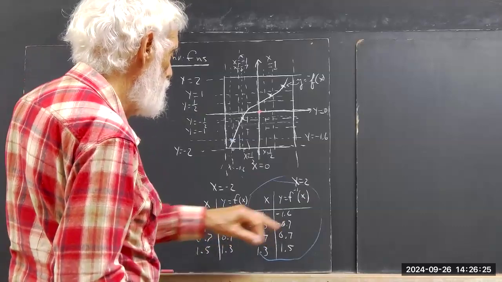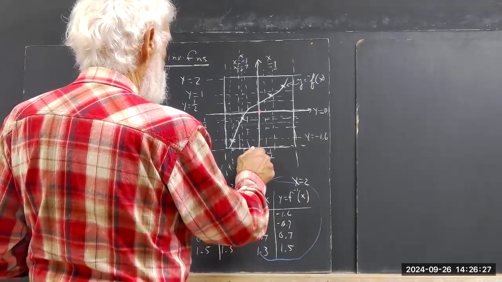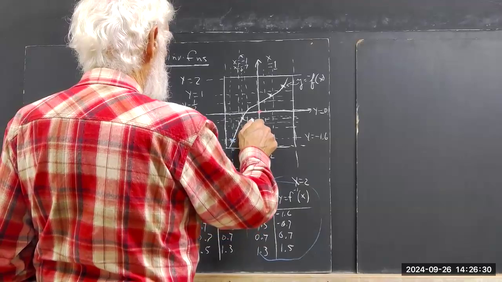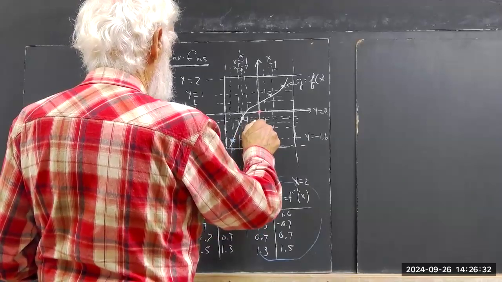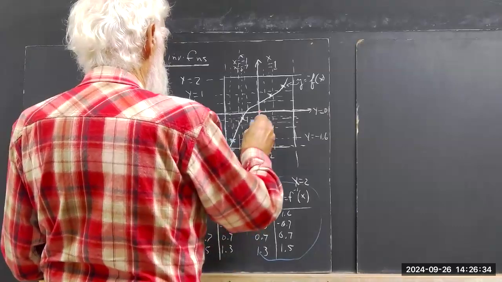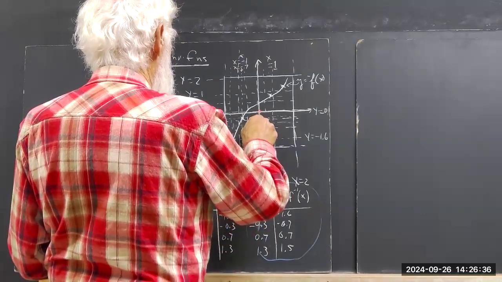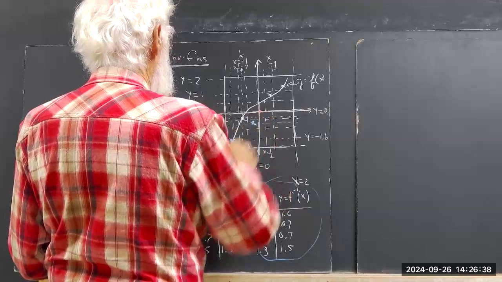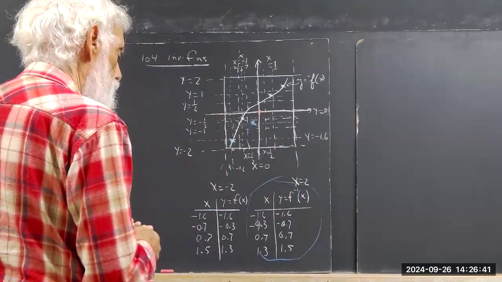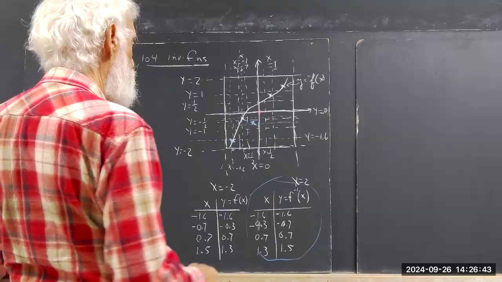Then -0.3 would be about here, -0.7 about here. Let's make this purely blue. Okay, there's a point.